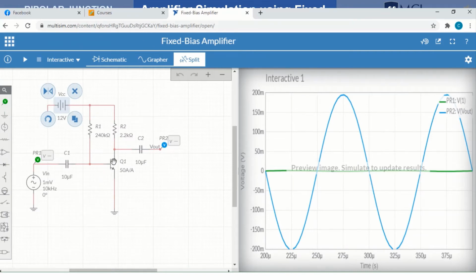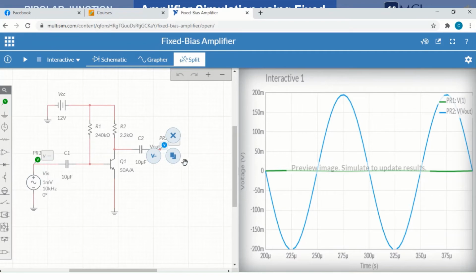This is the transistor in common emitter configuration, and these are the capacitors. This is R sub B, and here is R sub C. So this is the input signal, and we are to get the output here.